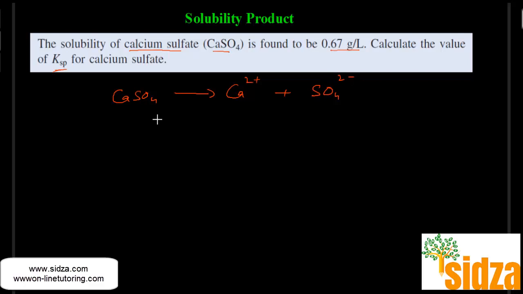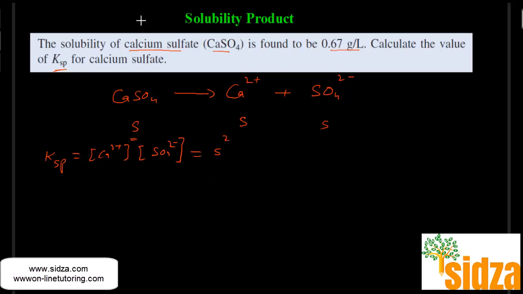Let's suppose S is the solubility of calcium sulfate. The concentration of the calcium will be S, and the concentration of the sulfate will again be S. So you can write the solubility product as the concentration of the calcium ions times the concentration of the sulfate ions, which is S square.